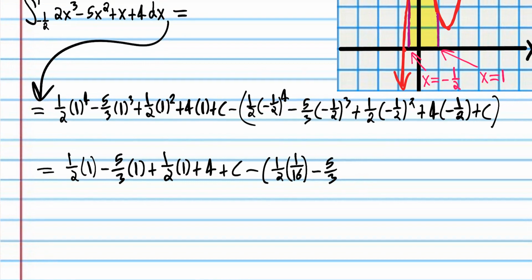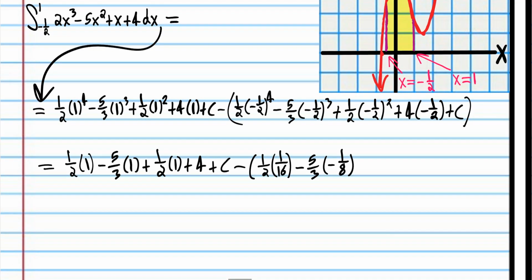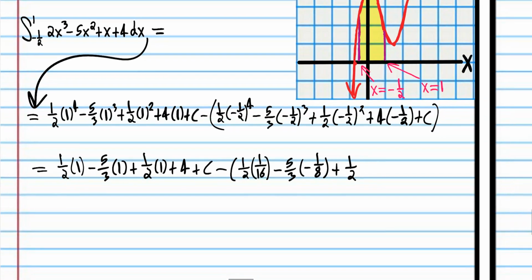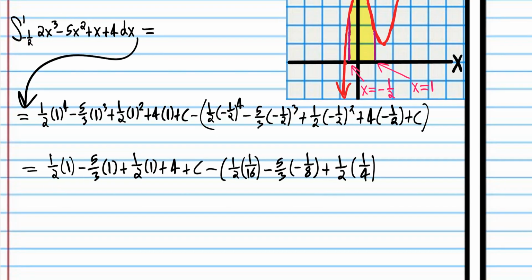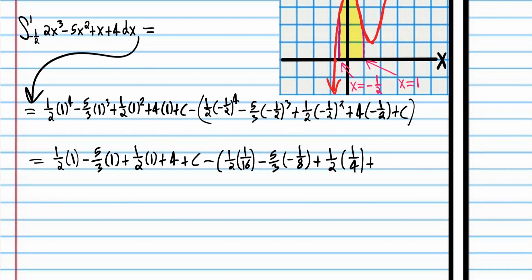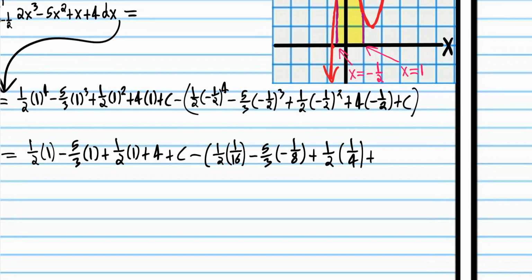And -1/2 to the 3rd power is -1/8. And negative 1/2 to the second power is 1/4. And 4 times negative 1/2 is negative 2.